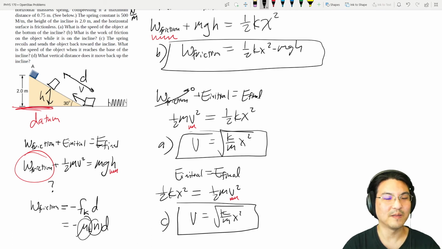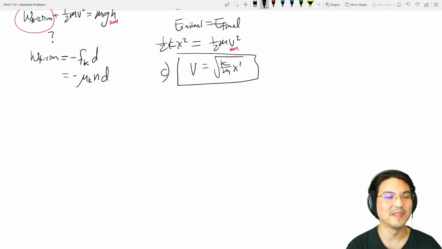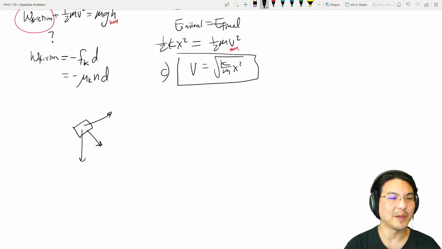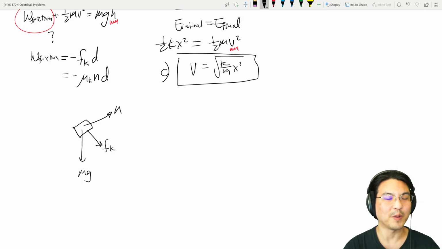Coefficient of friction times normal force. How much normal force? Here's the block when it's on the ramp. So when it's going up the ramp, friction is this way, normal force is this way, and the weight is this way. Okay, so that's the free body diagram when it's going up the ramp.